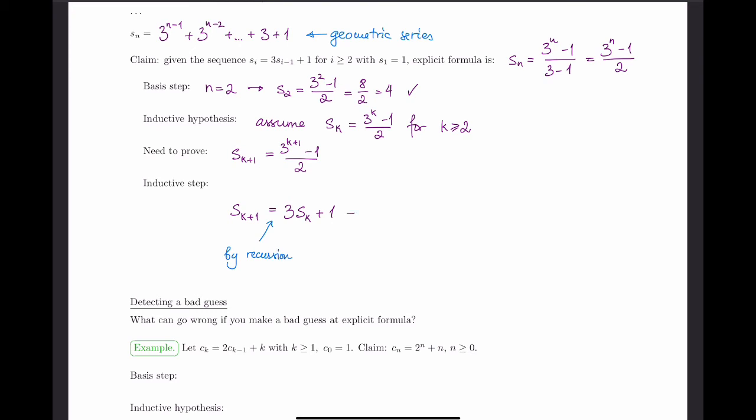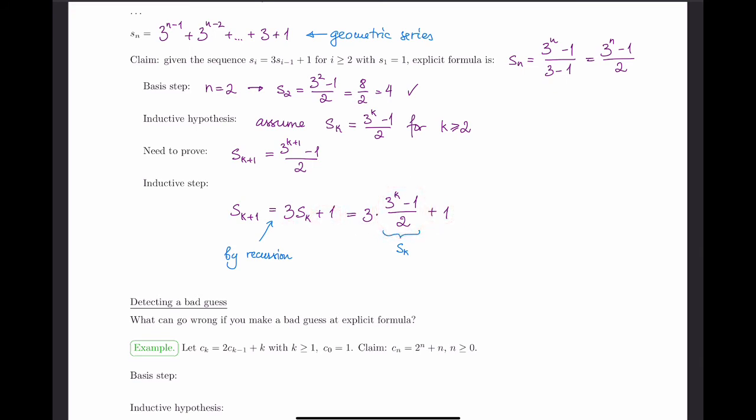Now, next up is where I'm going to be able to actually apply the inductive hypothesis, because now I have my s sub k. So I can replace s sub k by the induction hypothesis formula. So let's not forget that I am just replacing s sub k. So I have to keep this 3, and I have to keep the plus 1.